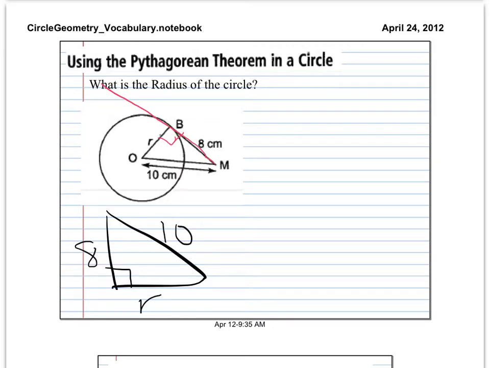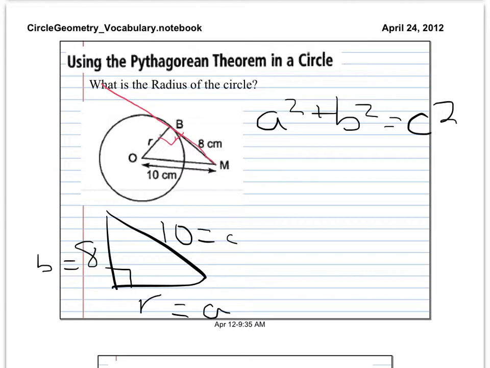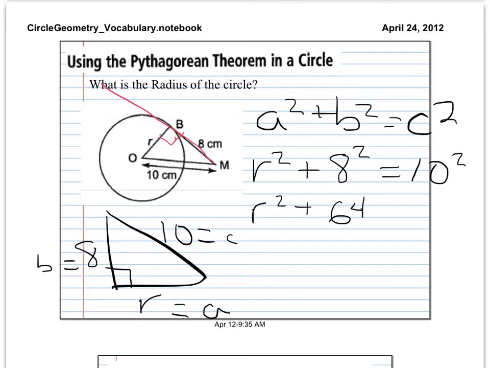So to solve for this, it is a squared plus b squared equals c squared. So 10 will be c, you can call r a, 8 can be b. So radius squared plus 8 squared is equal to 10 squared. Leave r alone for the moment. Add 64. 10 squared will give you 100.